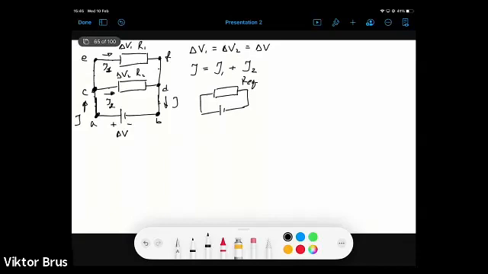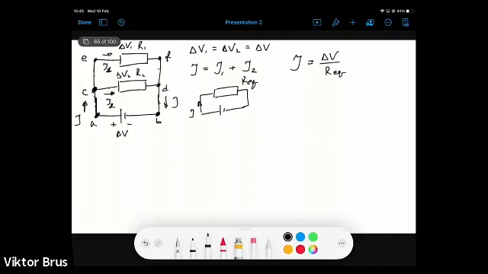Yes, and in order to calculate this equivalent resistor, we should do the following. So here is also some current flowing. So we know that electric current, total electric current, is defined as potential difference divided by resistance.